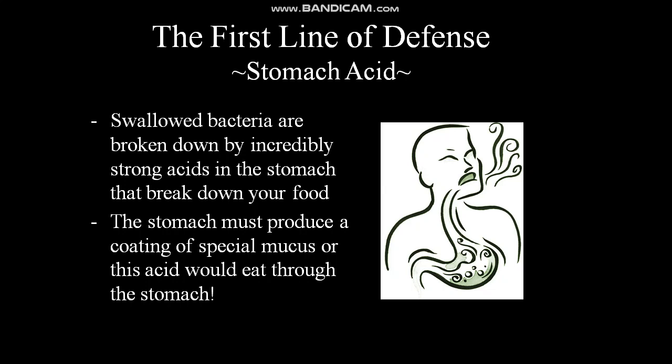The stomach must also produce a coating of special mucus, otherwise this acid would eat through the stomach. We have already discussed this in detail in our previous class lectures.